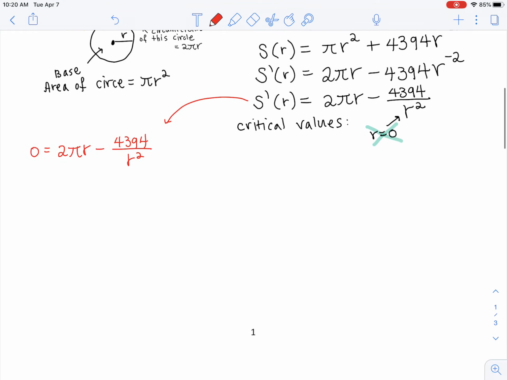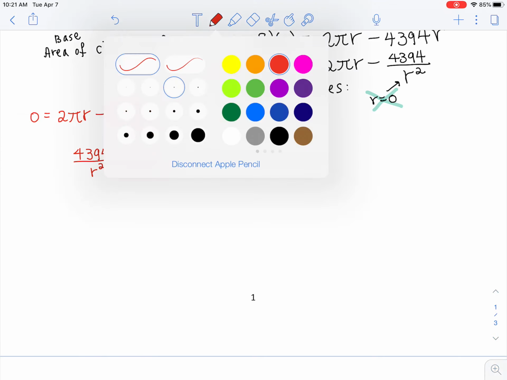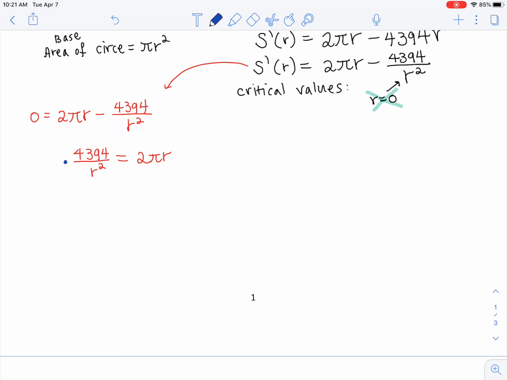Set 0 equals 2 pi r minus 4394 over r squared. Let's solve this. I'm going to add 4394 over r squared to both sides and get 4394 over r squared is 2 pi r. Notice I'm trying to solve for radius here, right?